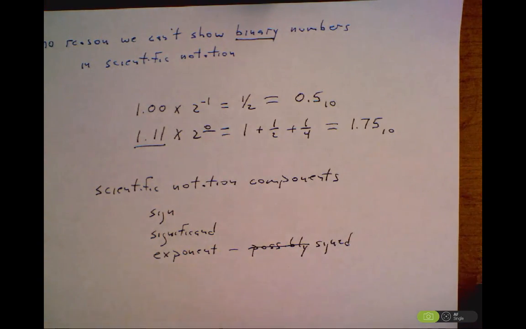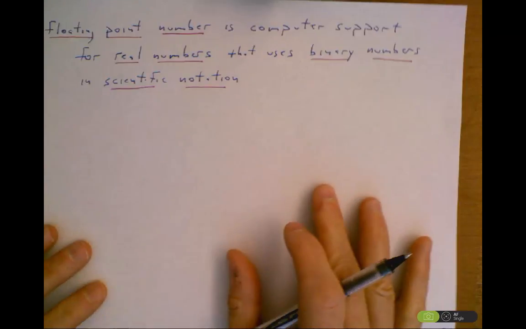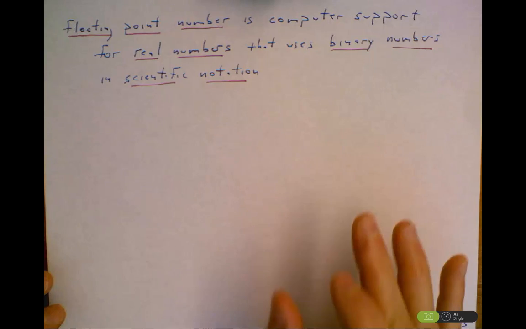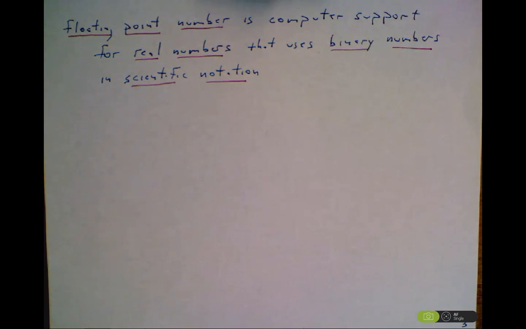So when we use the term floating point number, what do we mean? Floating point number is computer support for real numbers that uses binary numbers in scientific notation.